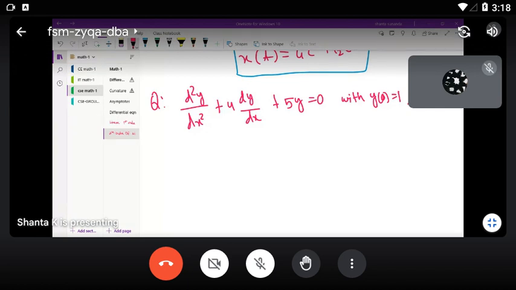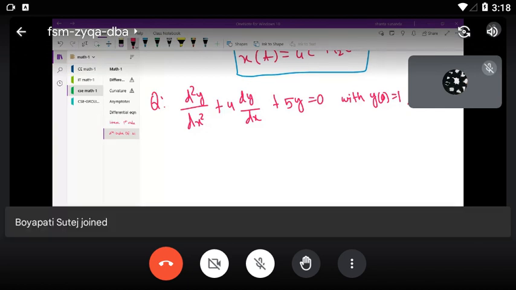So what do you think? The auxiliary equation and the solution.